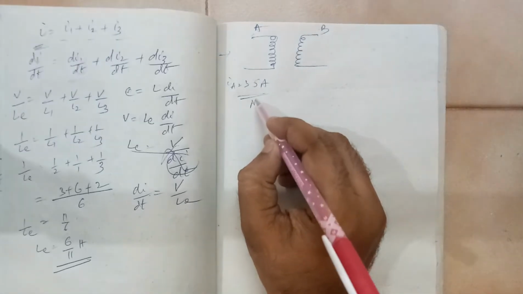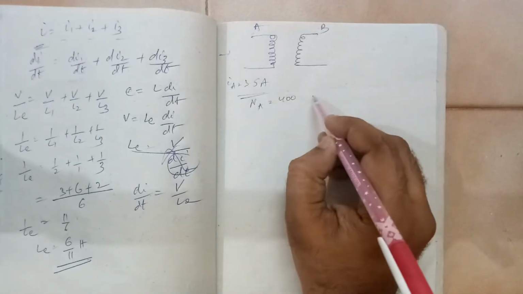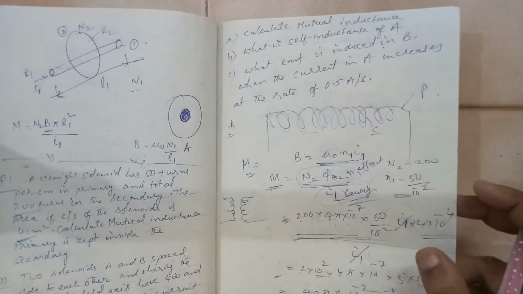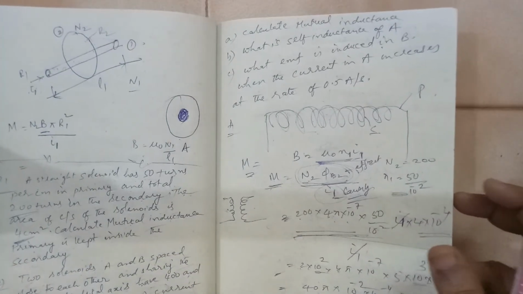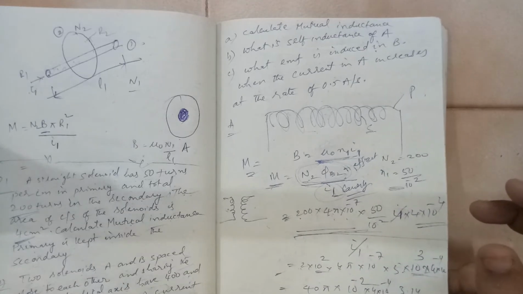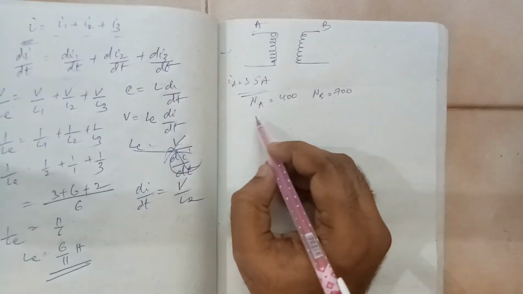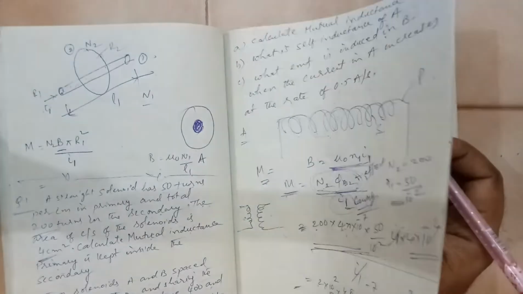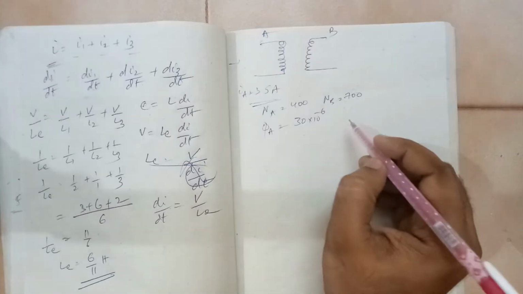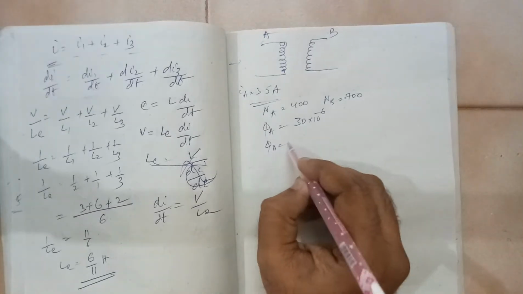So let us say NA and NB is 700. Okay, and average flux, flux A has been given as 30 into 10 power minus 6 Tesla meter square.